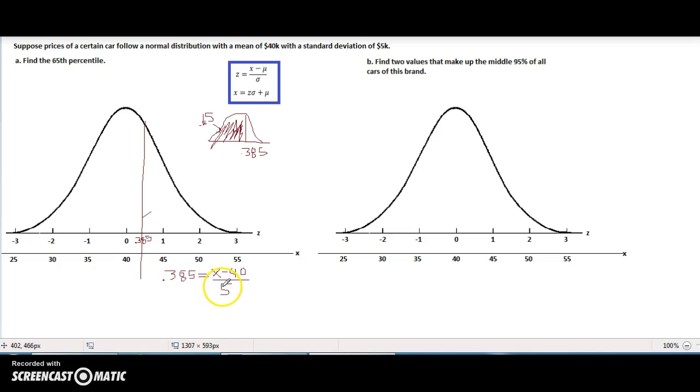To get x, we multiply, so x equals 0.385 times 5, and then plus 40.